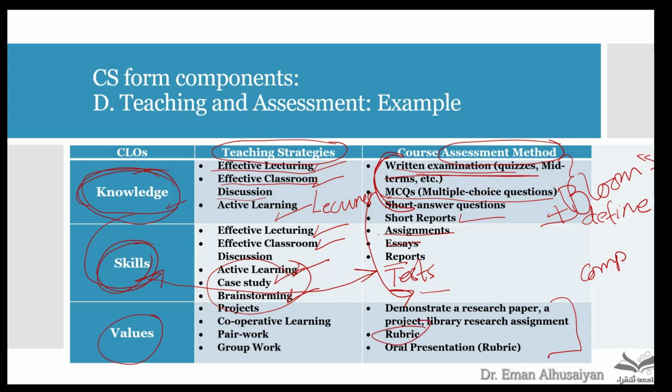Basically, we use rubrics, oral presentation, because, of course, in oral presentation you have a rubric to assess and evaluate your students. How can I improve, how can I focus on my students' values as an instruction, using my instruction methods, either by projects, cooperative learning, pair work, group work, for example, workshop.